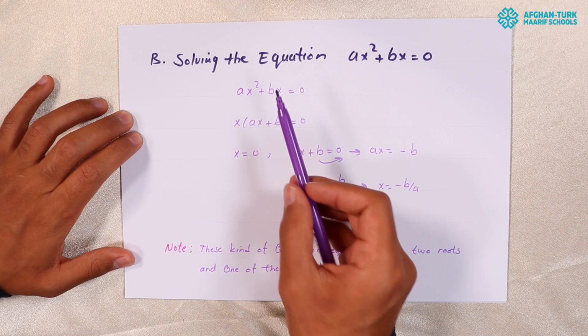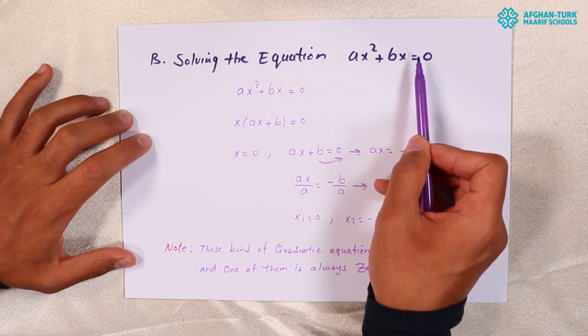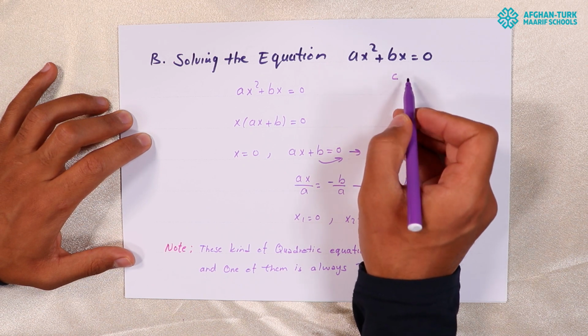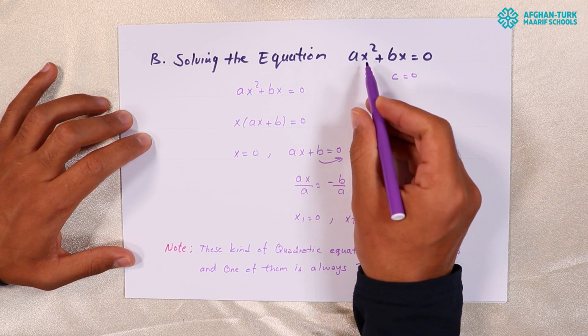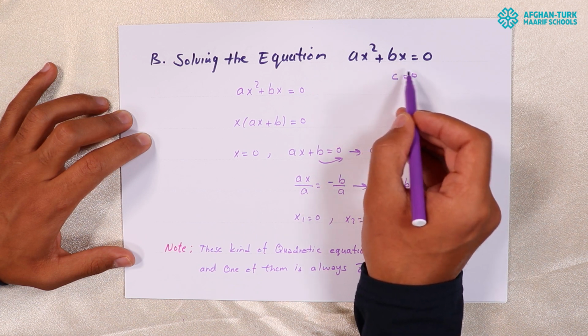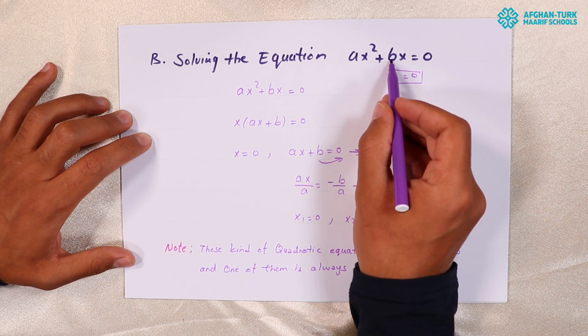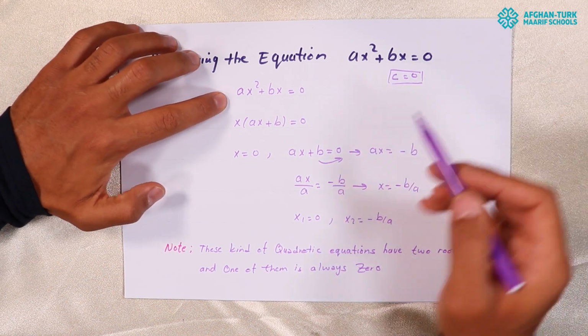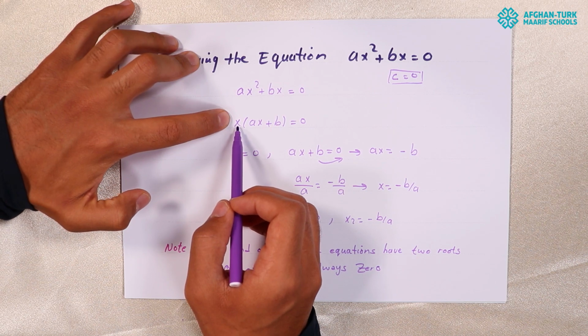B. Solving the equation ax squared plus bx is equal to 0. In this quadratic equation, our constant term is equal to 0. ax squared plus bx plus c equal to 0. When c is equal to 0, then our quadratic equation will be like this. In order to find x here, we have to factor out x.